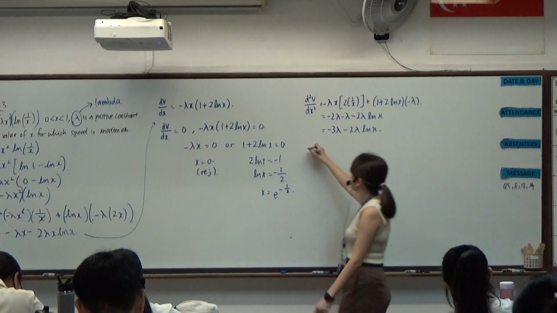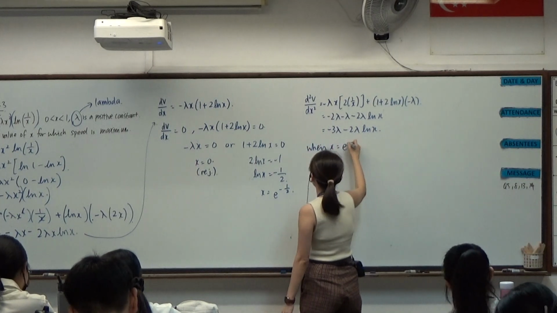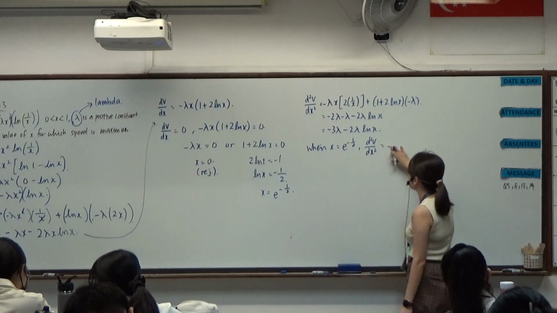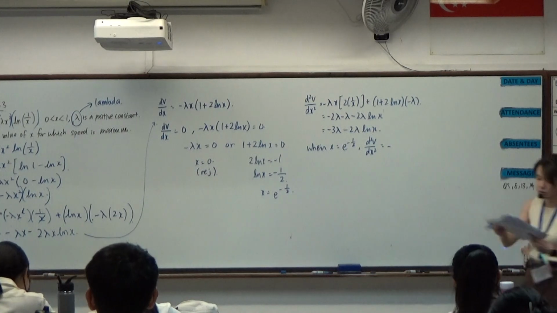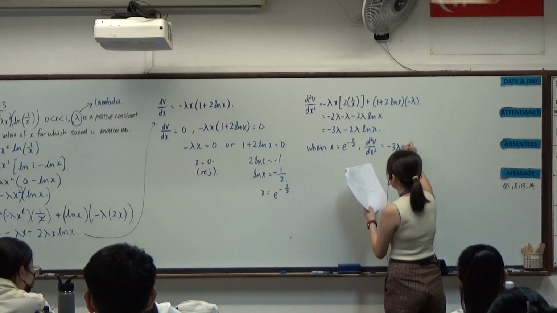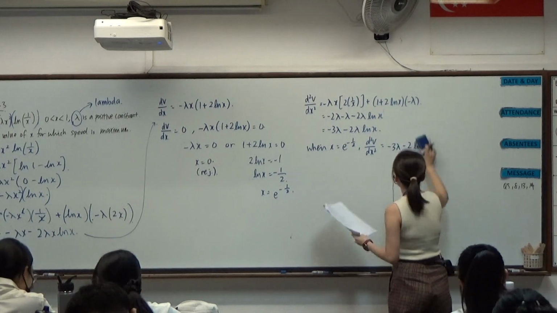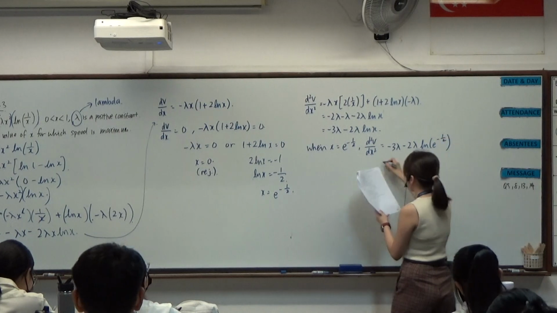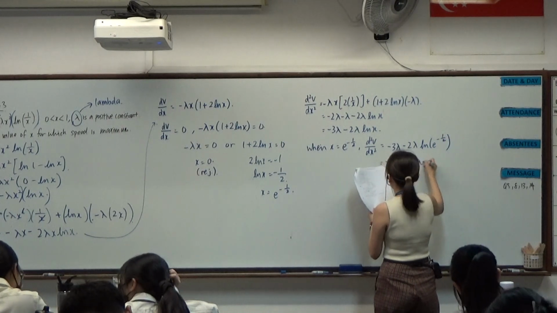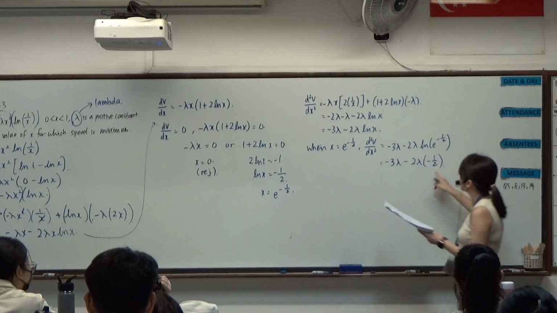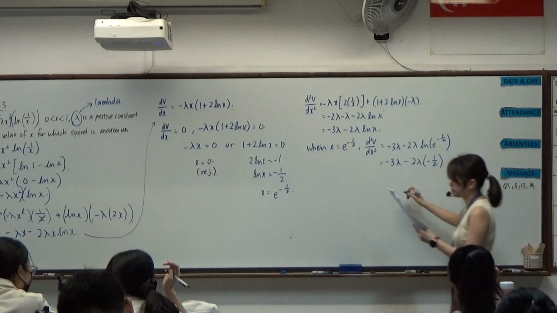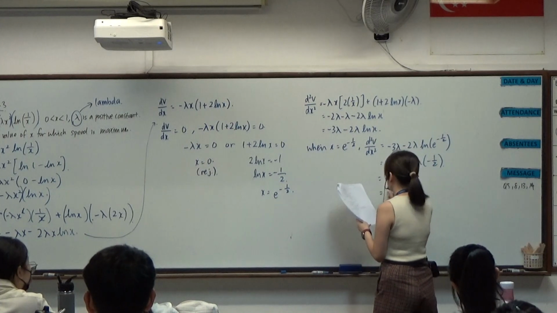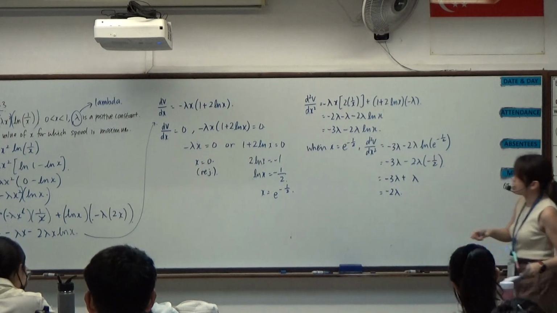Okay, then when x is equals to e to the power negative half, your substitution comes out to become this. Okay, whereby we get negative 2 lambda.